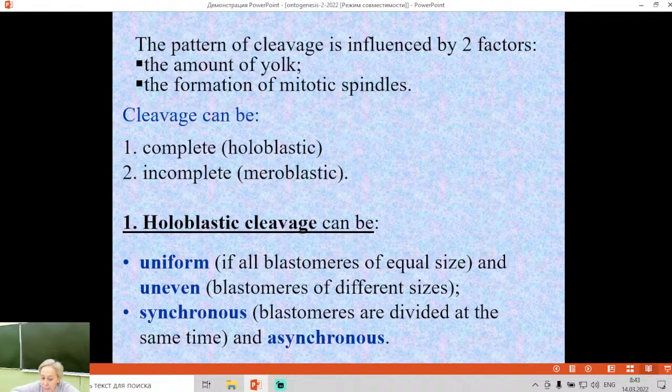Holoblastic cleavage can be uniform if all blastomeres are of equal size and uneven when blastomeres are of different size. Holoblastic cleavage can be synchronous if blastomeres are divided at the same time and asynchronous if blastomeres are divided at different times.